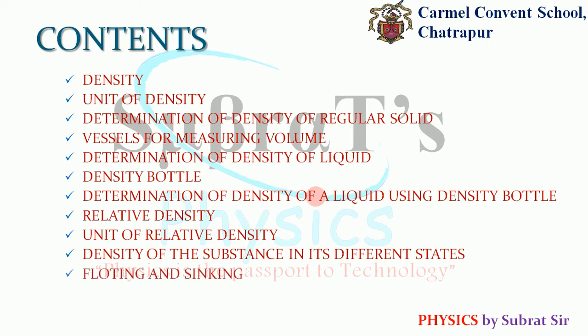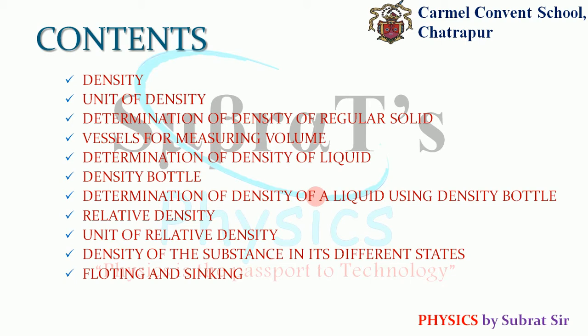Then we have floating and sinking. Okay, these contents only you have to read in chapter 2 according to the reduced syllabus of 2021. Whatever may be given extra in the book, you have to leave those topics.